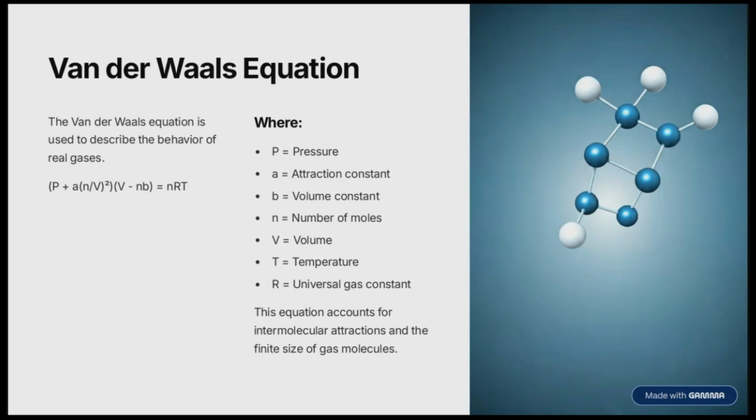And when there is low temperature, you would find out that these gases have attraction for themselves. High pressure shows that gases have volume. Low temperature shows that gases have attraction for themselves.